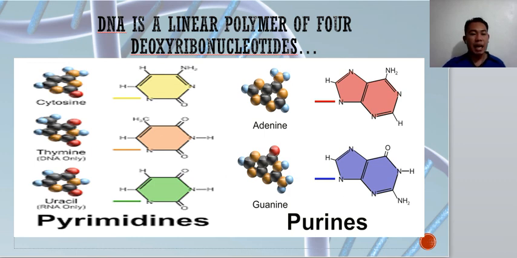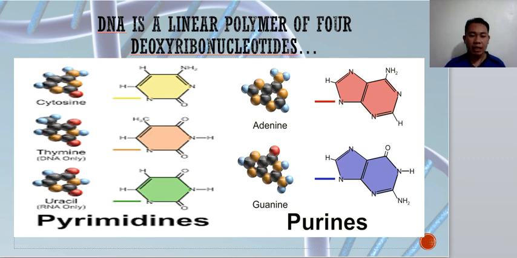In the DNA, each base is chemically linked to one molecule of the sugar deoxyribose, forming a compound called the nucleoside. When the phosphate is attached to the sugar, the nucleoside becomes a nucleotide.